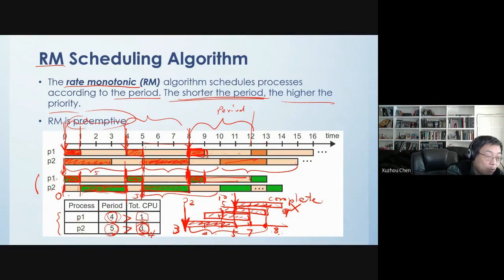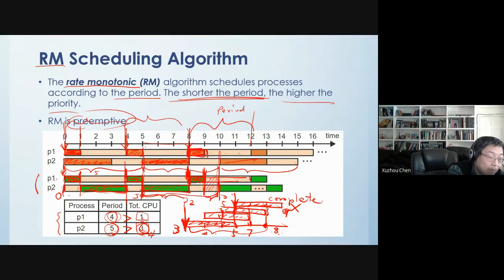Now, when process 1 finishes at time 9, you will find out process 2 is not available yet, because the second period for process 2 ends at 10. So process 1 is not available, process 2 is not available. So in this time period, both processes are not available.